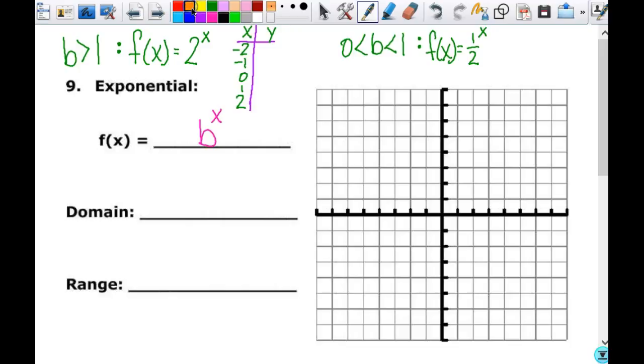Then you grab your other colored pencil and make a t-chart with a different color. And use the same numbers. So x, y, and, sorry, I can't move my thing down, so these are tiny. -2, -1, 0, 1, and 2.